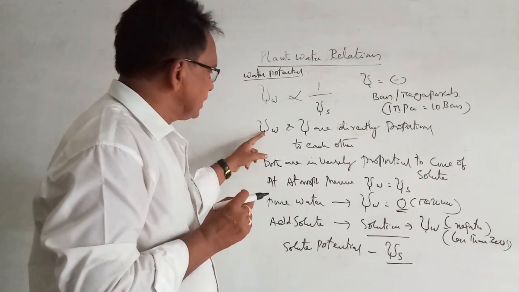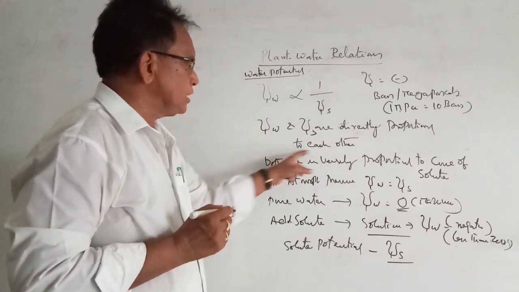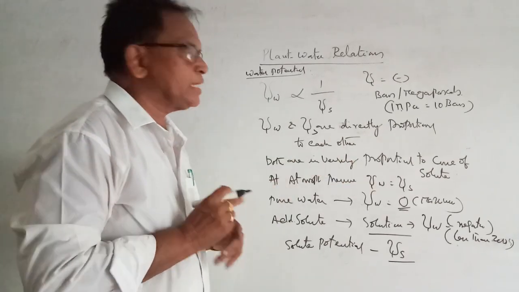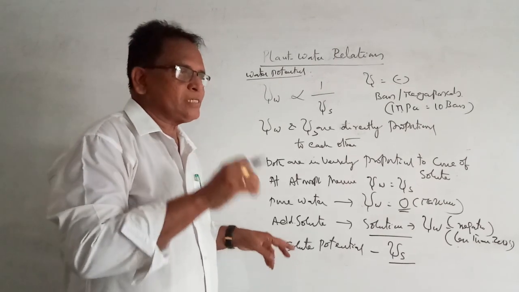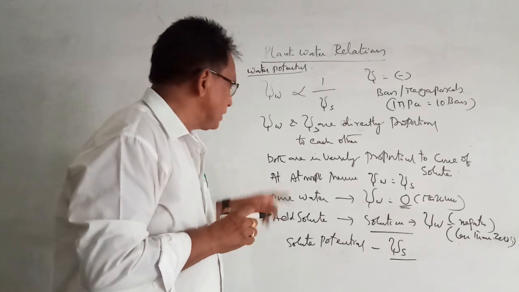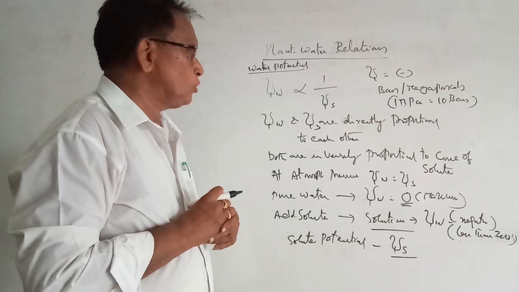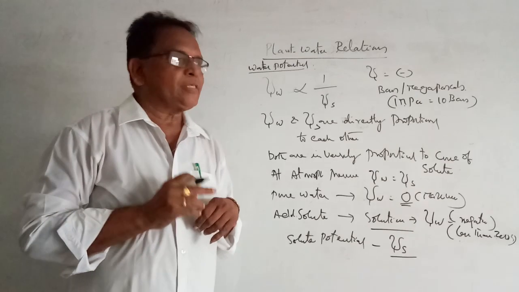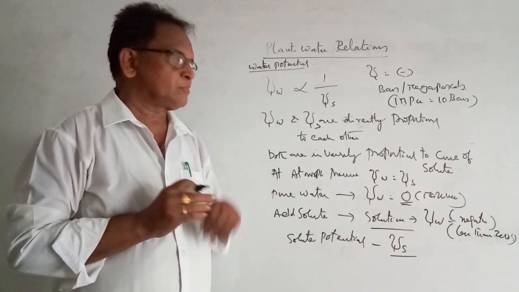Both the water potential and solute potential are directly proportional to each other, and both are inversely proportional to concentration of solute. Suppose you go on adding the solute to that solvent, both are inversely proportional to the concentration of the solute. If we increase the concentration of the solute, the value of the solute potential will become low.